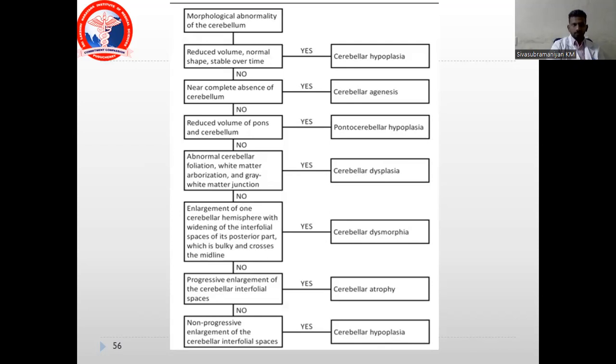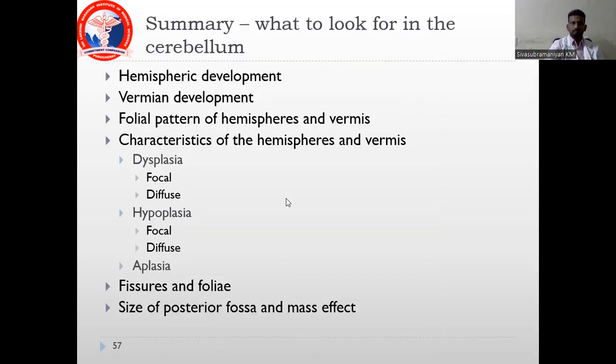And if it is non-progressive, then it is probably a cerebellar hypoplasia. So to summarize, we have cerebellar hypoplasia, atrophy, dysplasia, dysmorphia, pontocerebellar hypoplasia, agenesis, and abnormal areas of associated supratentorial abnormalities.